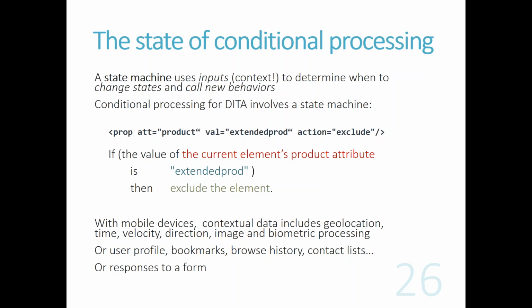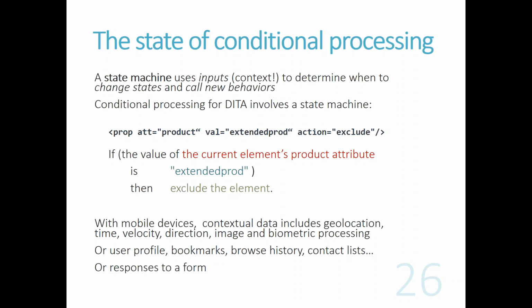So with mobile devices, contextual data will include geolocation, time, velocity, direction. Those are things that show up on your GPS when you're traveling in a car, for example, in navigation mode. It may include image and biometric processing. When it applies to a user profile, then it will be using data in your bookmarks file or in your browse history or in any contact list that you've got.